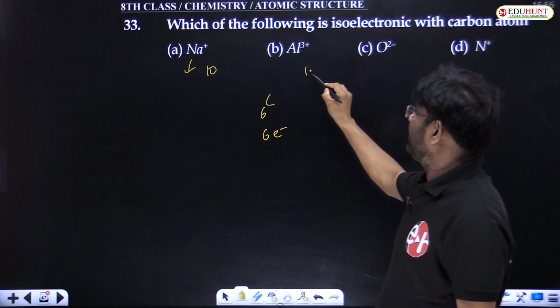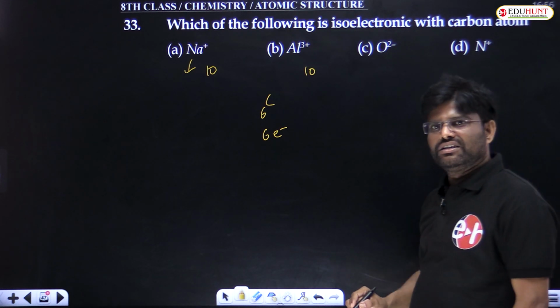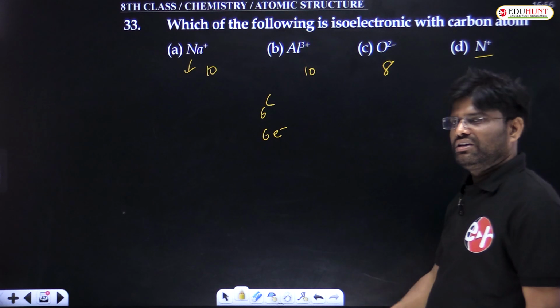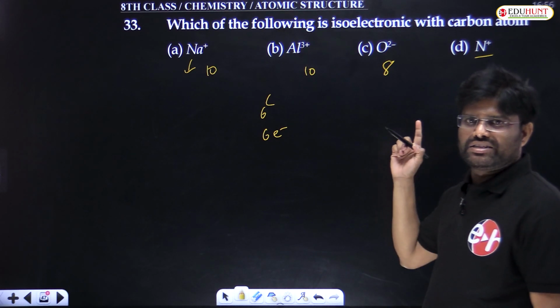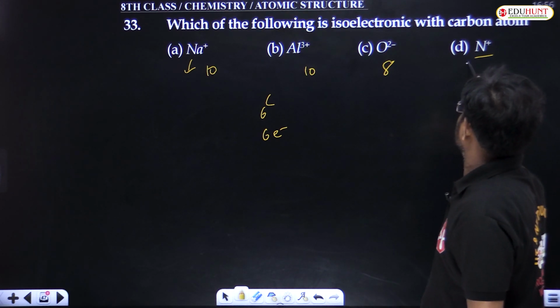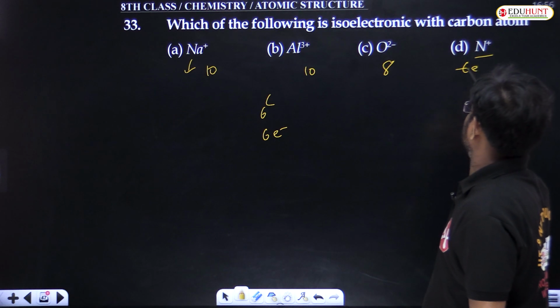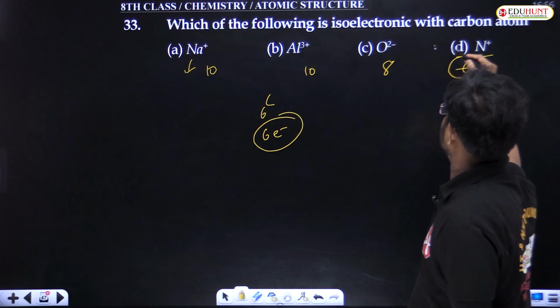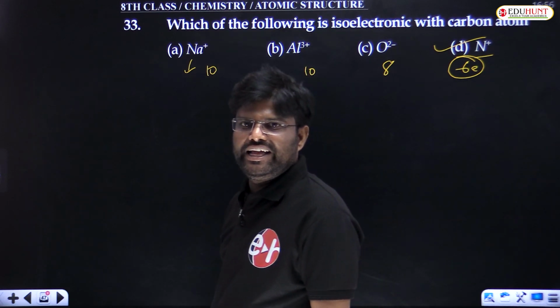Oxygen 8, 2 electrons should be added, so 10. Nitrogen 7, plus is there, remove 1 electron, so 6 electrons. Answer is here 6, here 6. So option is D.